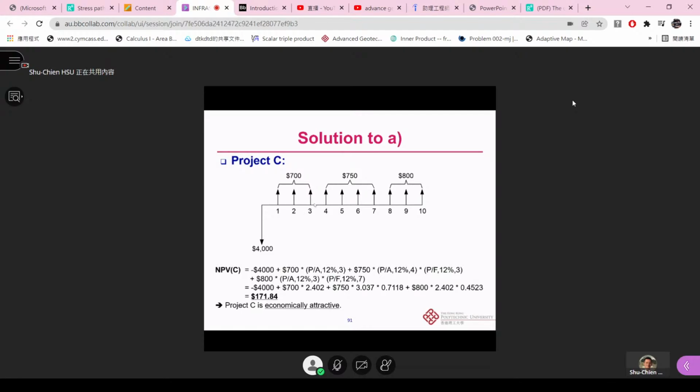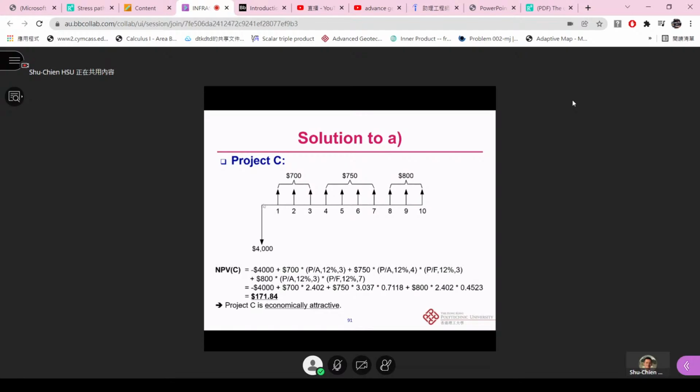So we need to times another conversion, because this A from year 4 to year 7 becomes the F at year 3. Then we need to times the bracket of the P/F, because from this future value, we need to convert it again back to the present. So we need to have this P/F, 12%, 3.